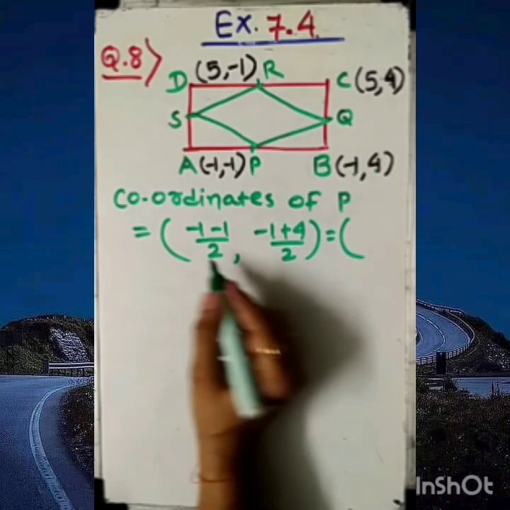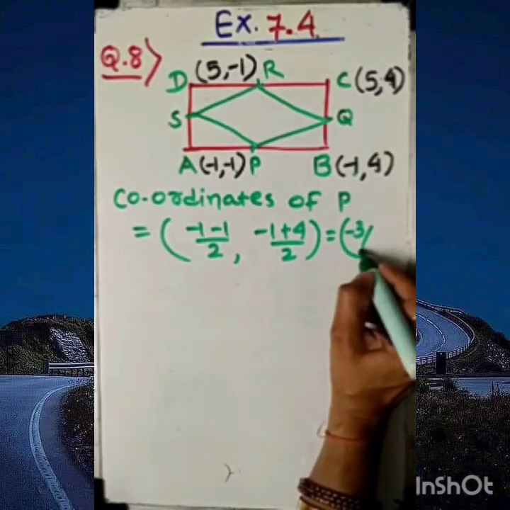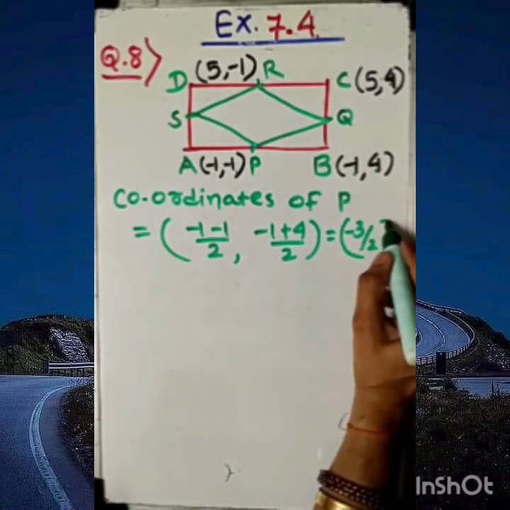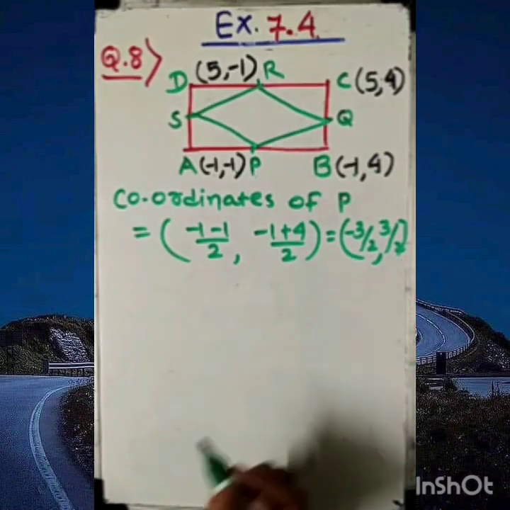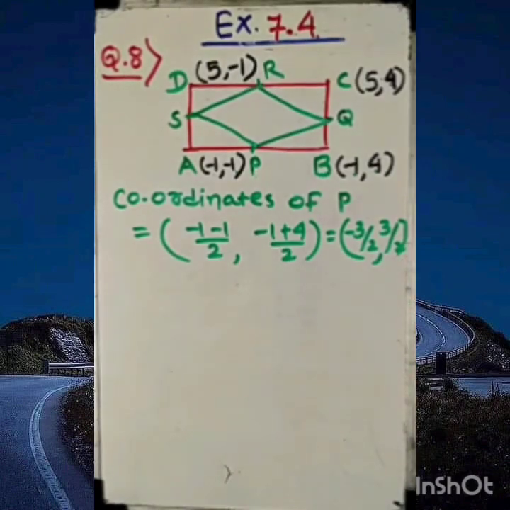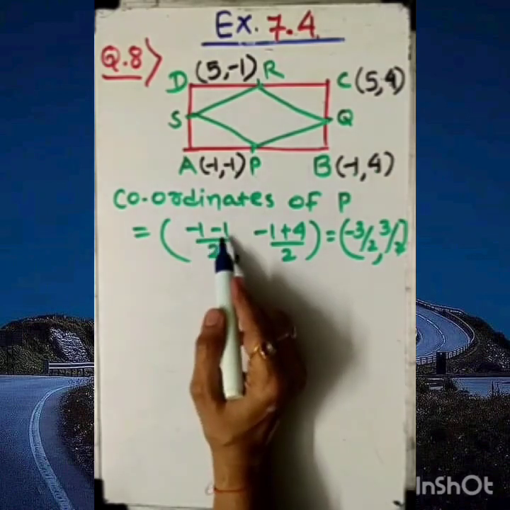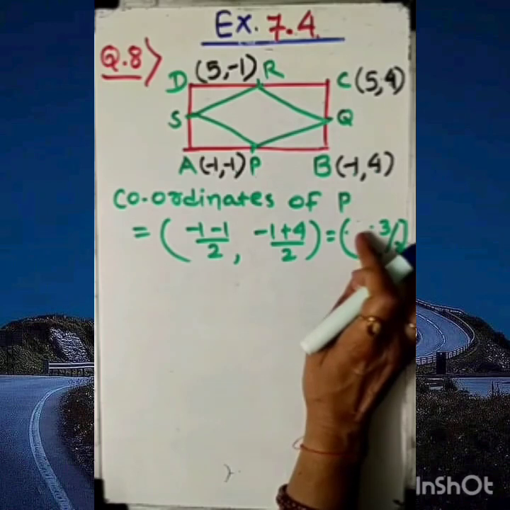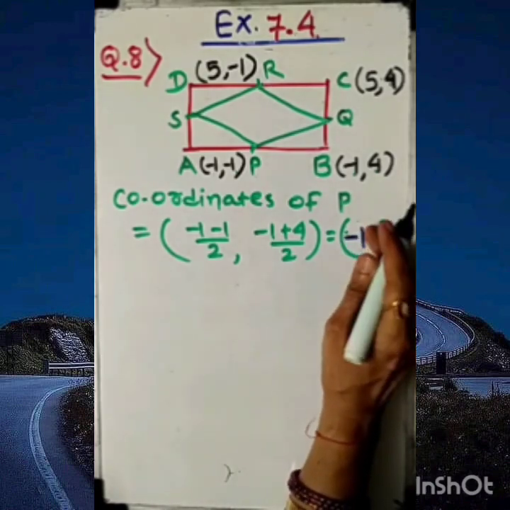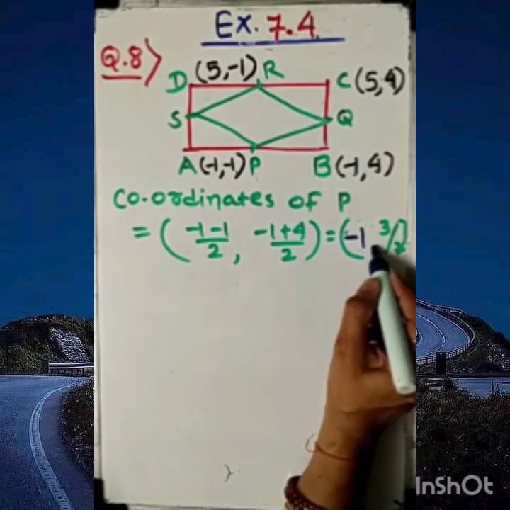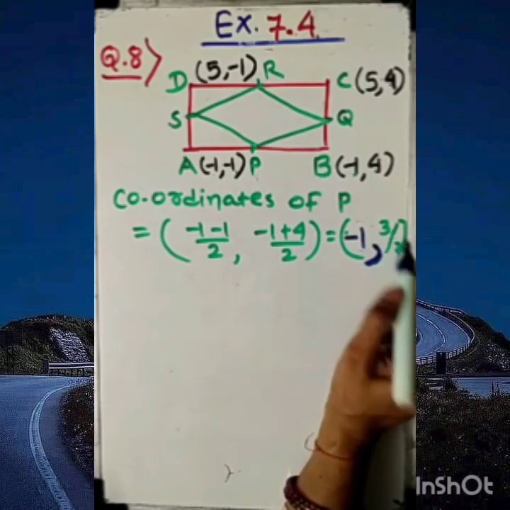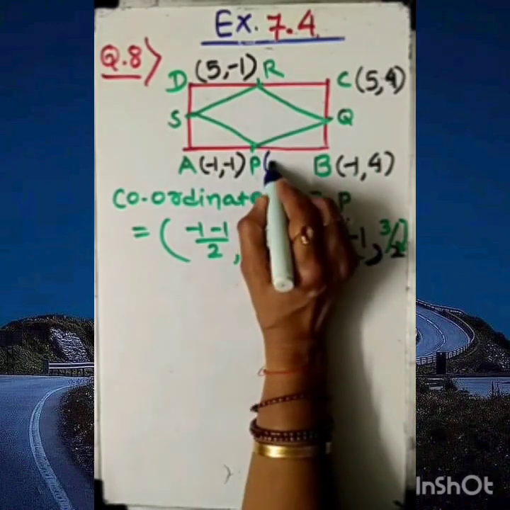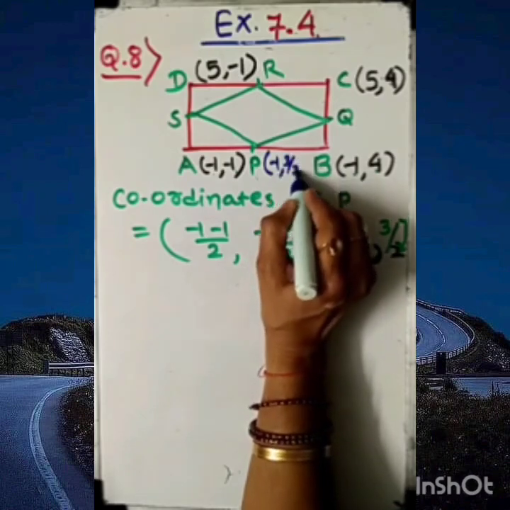It will be -2 by 2, that is -1, comma 3 by 2. So the coordinates of point P will be (-1, 3/2). Got it? So I need to mention (-1, 3/2) here.